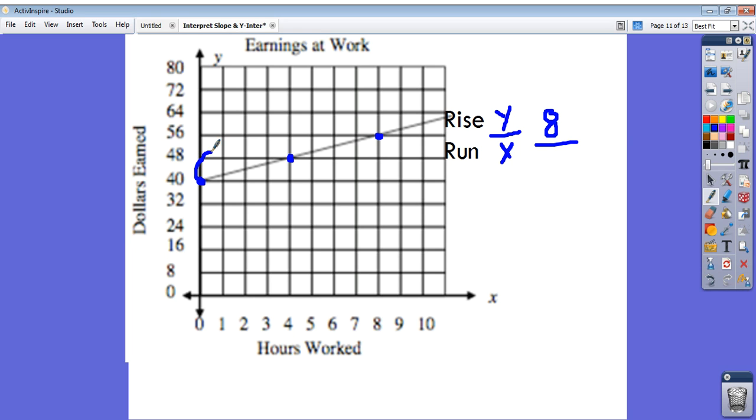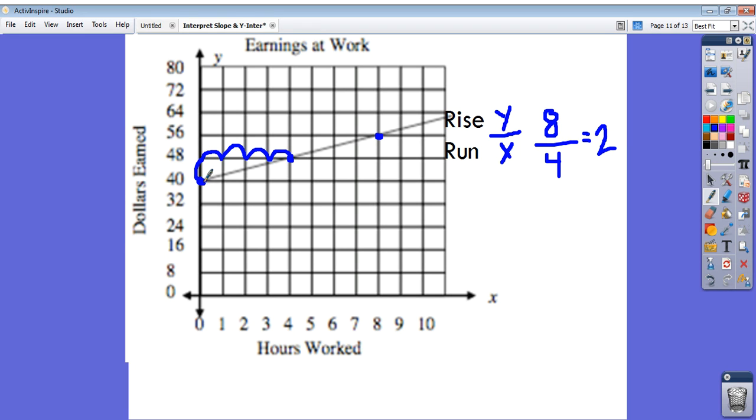What's my change in x? 1, 2, 3, 4. X changed by 4 steps. Let's see if we're counting by ones. Yep, 1, 2, 3, 4. So this is 8 over 4. That can be simplified because 8 divided by 4 equals 2. So the slope of this line is 2.